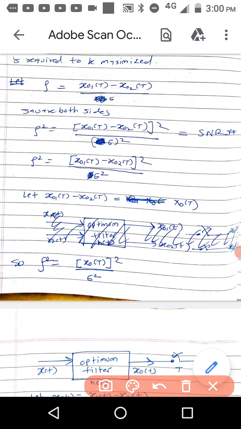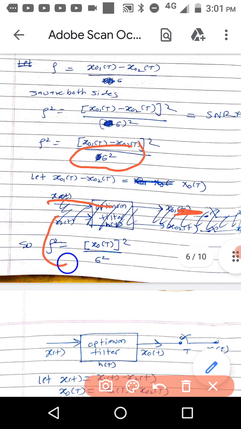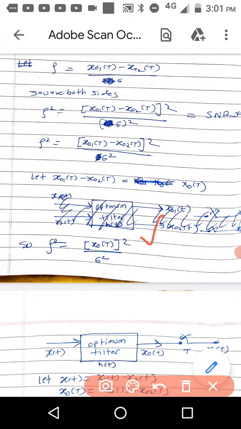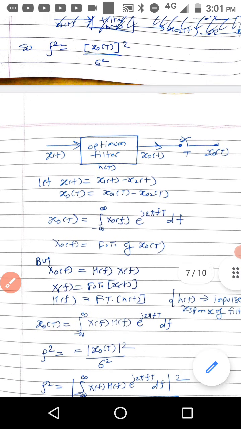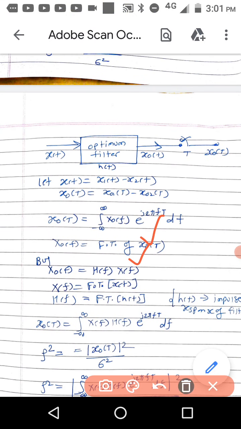Now for simplicity of further calculation we will put this equal to x naught(t). So SNR, or rho square, we got as x naught(t) square divided by sigma square. We have considered x naught(t) as the difference x naught 1(t) minus x naught 2(t), which corresponds to the input x(t) equal to x1(t) minus x2(t).